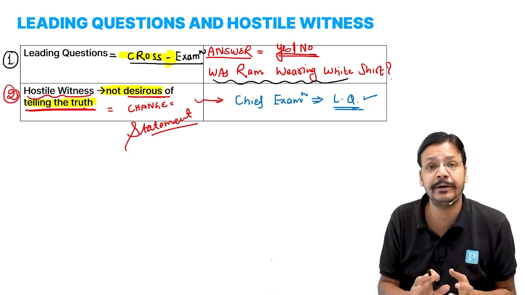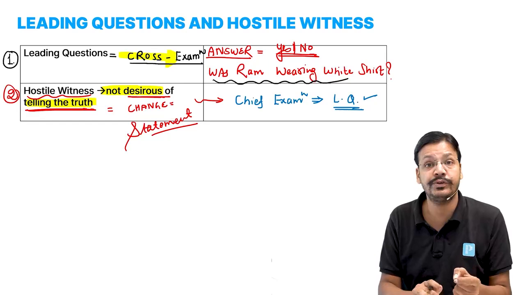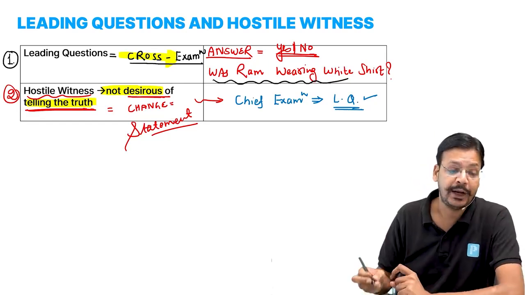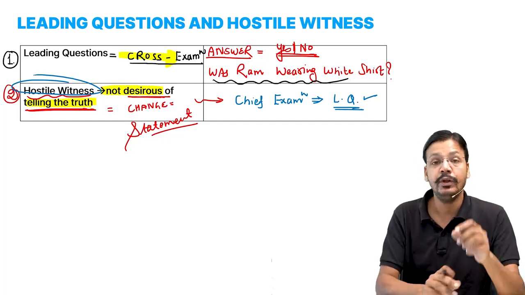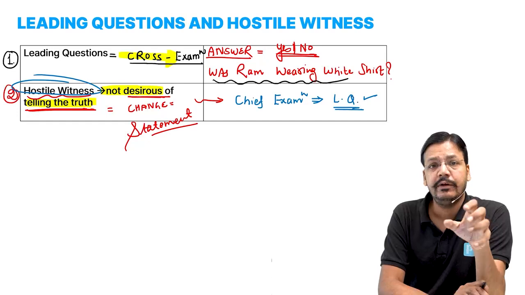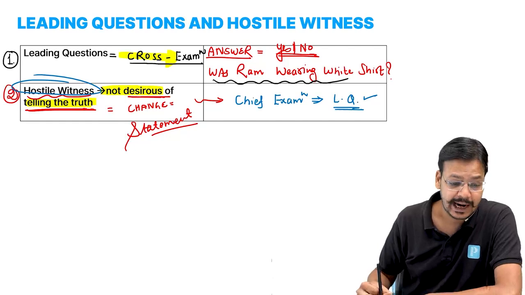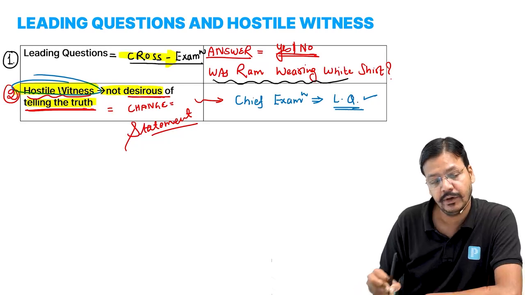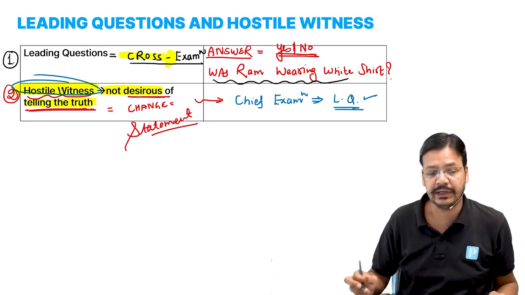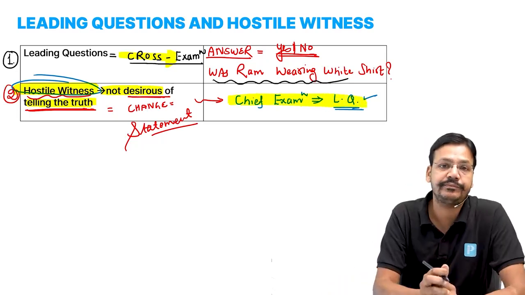So you can take permission from the judge: Sir, please grant me permission to ask leading questions to my witness as well, because my witness has become hostile. So the only condition where leading questions are allowed in the chief examination is that your witness has become hostile.